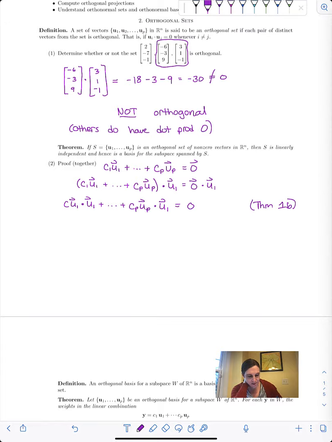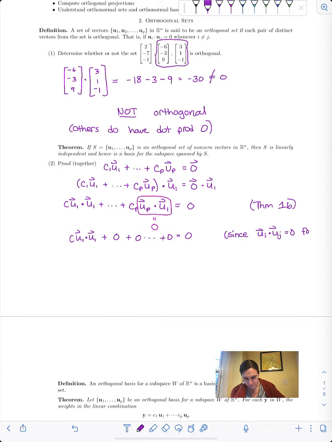Now let's look carefully at each of these little pieces. All of these products, except that very first one, are going to be 0 because this is an orthogonal set. So what this means is that we have C1 times U1 dot U1 plus a bunch of zeros, since these dot products are always going to be 0.